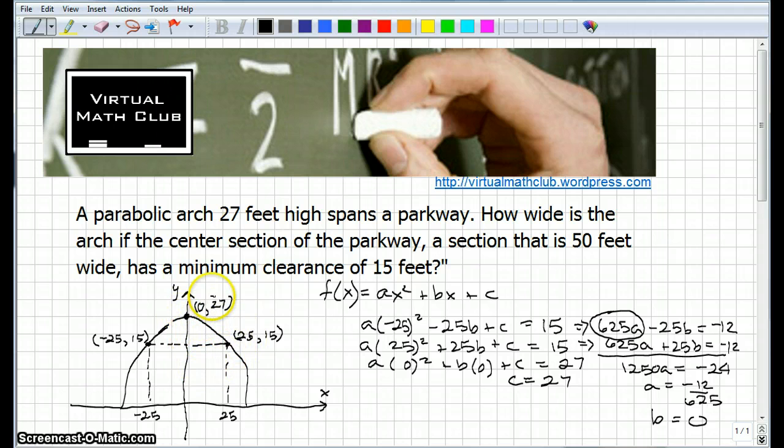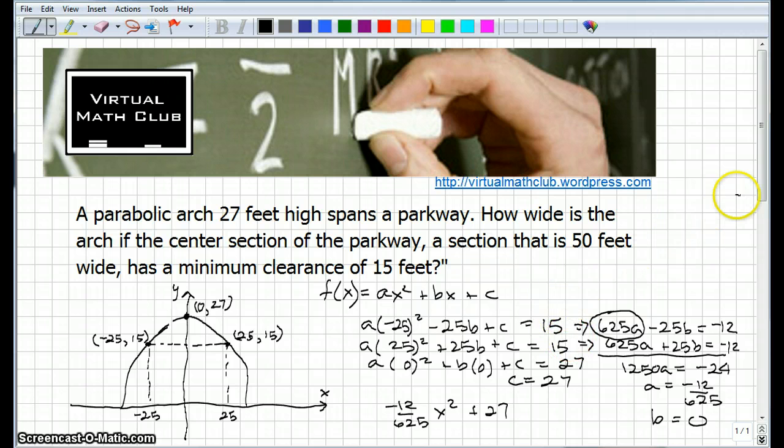It's just shifted up vertically 27 units and flipped upside down. So we have a, b, and c. Our parabola looks like negative 12 over 625 x squared plus 27. So that's our f of x.